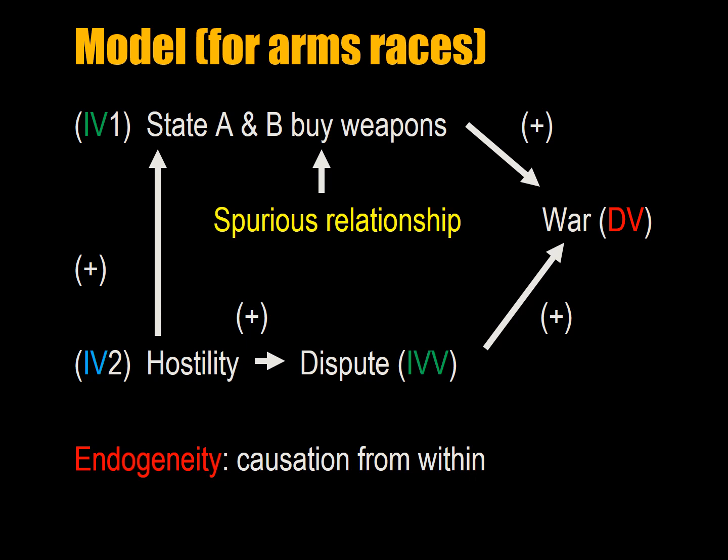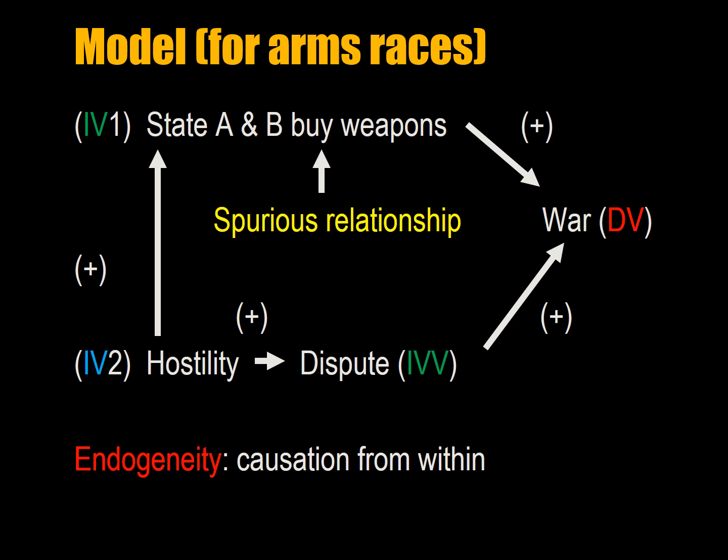So here we have what would be called the endogeneity problem. The endogeneity problem is when we have a cause that's embedded within the case, and it's not always easy to see. Here, the true source of the conflict, the true intervening variable is hostility. It's not state A and B buying weapons, right?